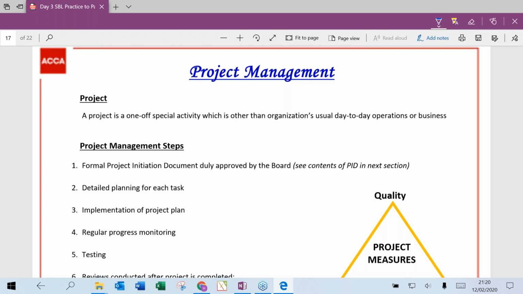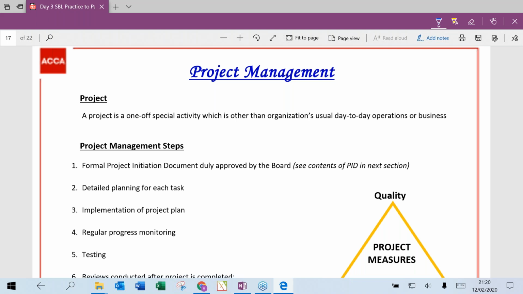So why is a project important? A project is important for a business simply because without projects you may not be able to initiate certain business strategies. For some business strategies to be executed, we may need some projects at the start.